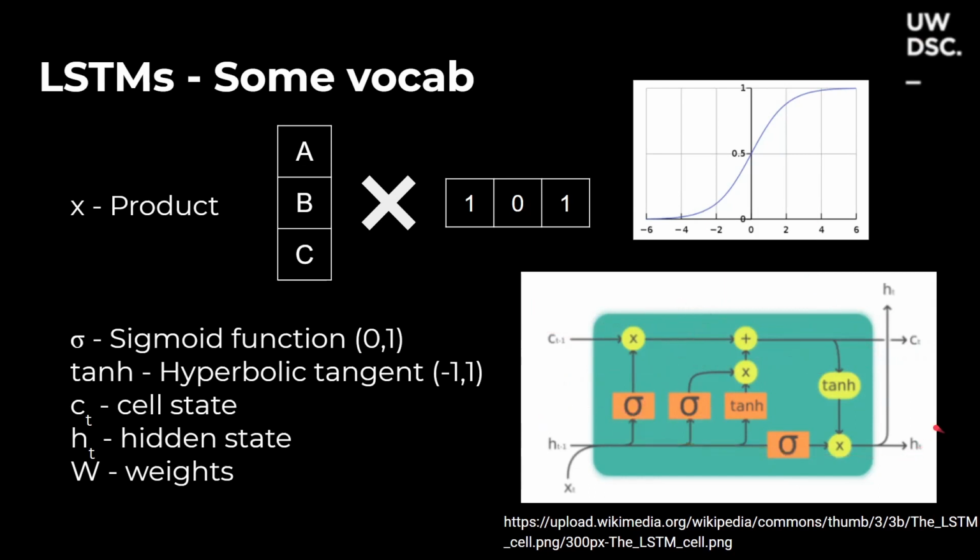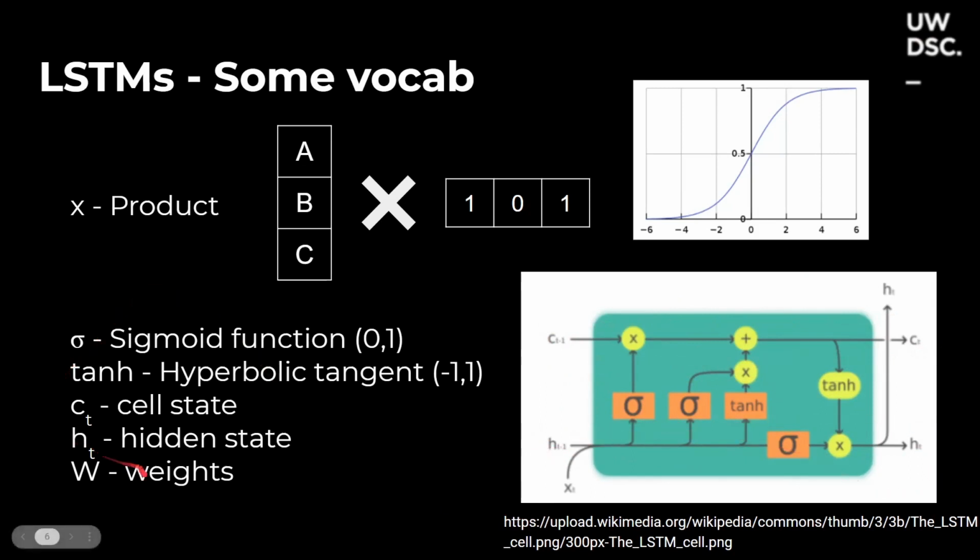And hidden state basically carries the information that you need almost immediately. So think of it as a short-term memory. So LSTM, long short-term memory, means this is the long-term memory and this is the short-term memory.